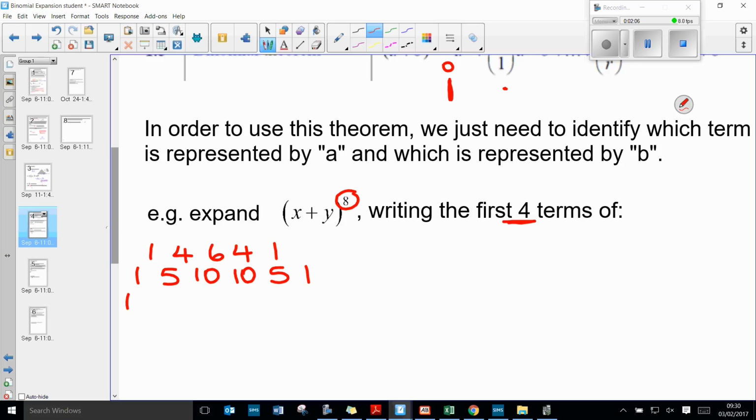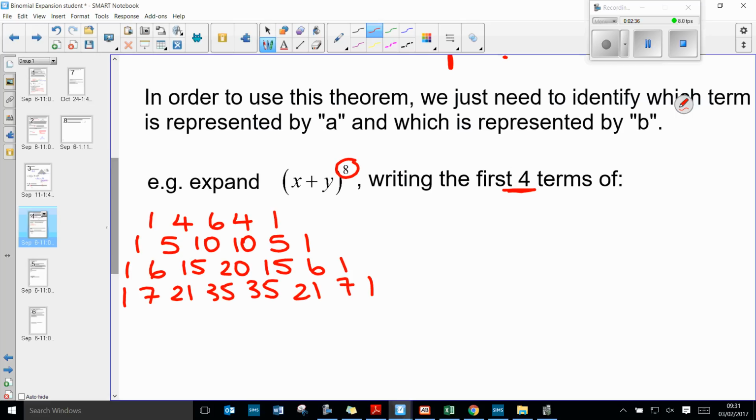Then 1, 6, 15, 20, 15, 6, 1. Then 1, 7, 21, 35, 35, 21, 7, 1, adding these two numbers each time. Then 1, 8, 28, 56, 70, 56, 28, 8, 1. Okay, hopefully you're all happy that this is the row that we want.